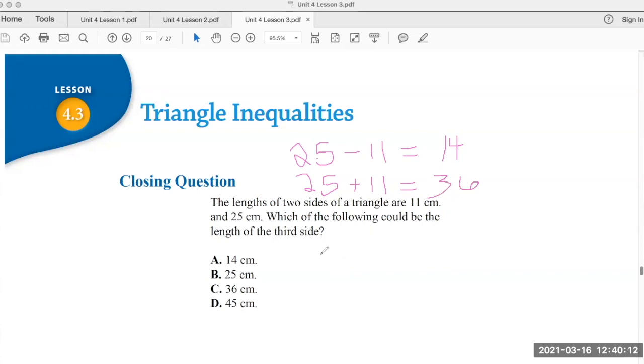The third side must be between 14 and 36 centimeters. Another way of writing this is that the solution set for that third side must be: x is between 14 and 36. Larger than 14, smaller than 36.